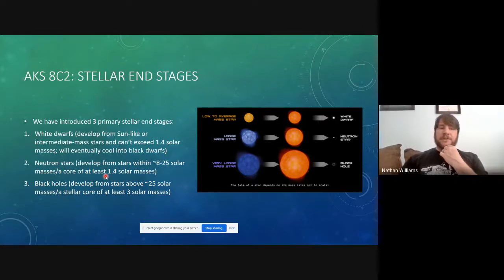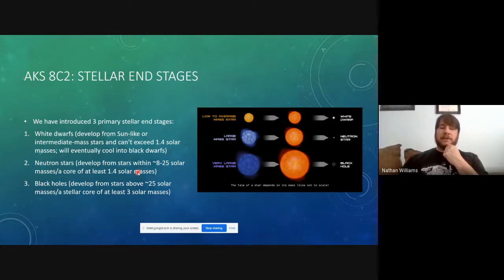A neutron star is typically going to be the end stage of a star from somewhere between about 8 to 25 solar masses. And that's the mass of the entire star. Now, however, we can also focus on the mass of the core alone. If the core of a supermassive, or maybe not supermassive, but just a big high mass star is at least 1.4 solar masses, then it could likely become a neutron star.